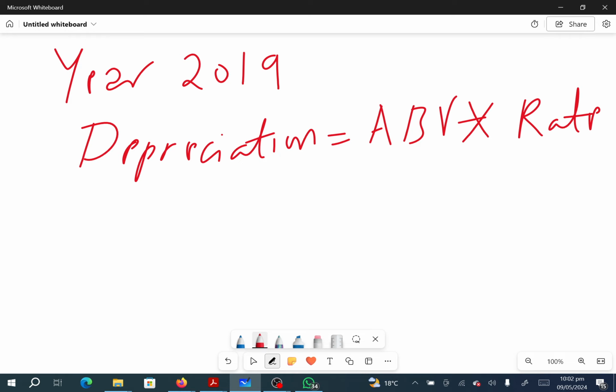So we are in year 2019. So we are saying the cost or the asset book value as of 2019 was 75,000. Are we following?